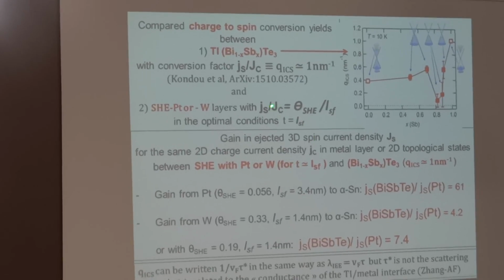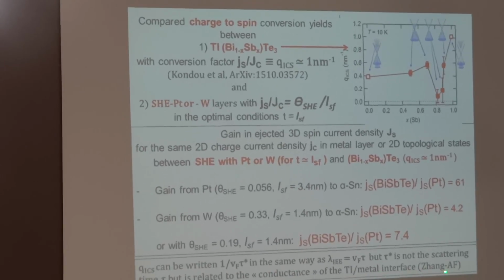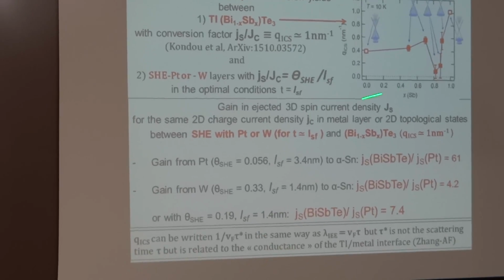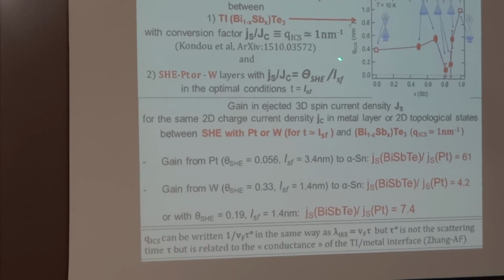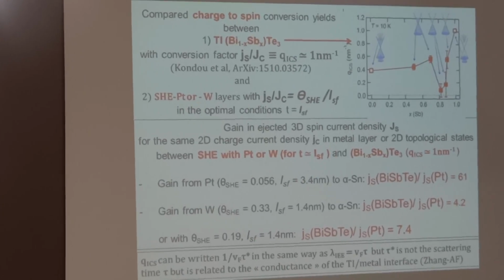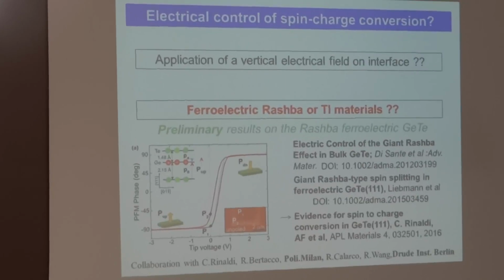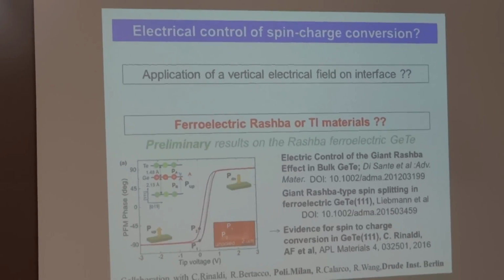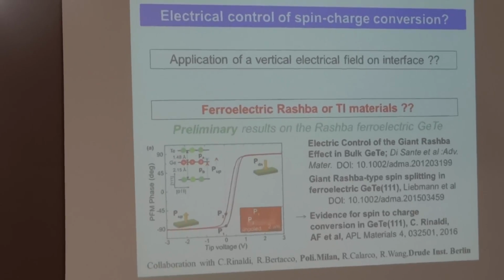I don't want to discuss this in detail; we published recently with Schuffenzang a theoretical paper comparing the theory of the direct and inverse Edelstein effects, but I don't have the time to discuss it. And I will finish with some rapid comments.